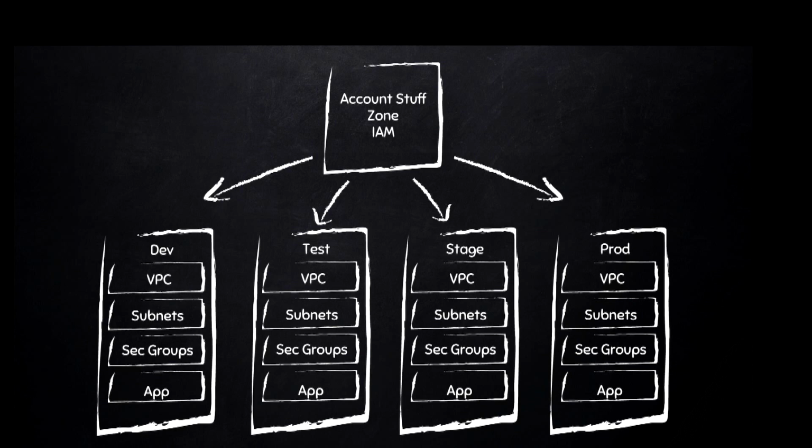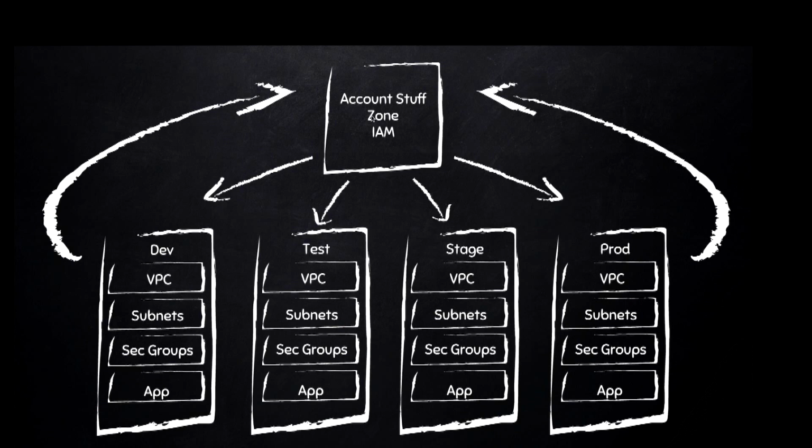So how would we get our VPC ID sent back up to the zone to get it added to have that association be built? Well, we'd have to point everything back up at the top, and that would just get kind of hairy.